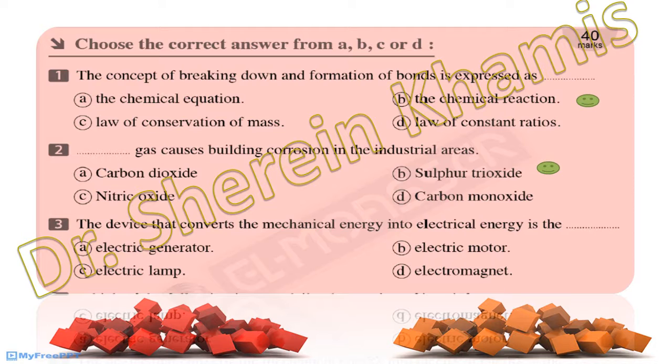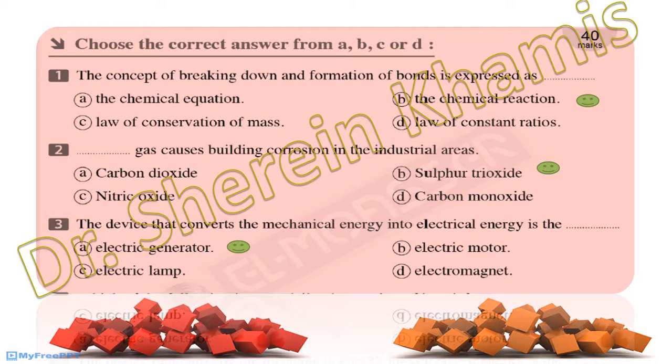The device that converts mechanical energy into electric energy. We said that when electricity is cut off, we use an electric generator, which is used when there is no electric current or when we want to make an electric power station.